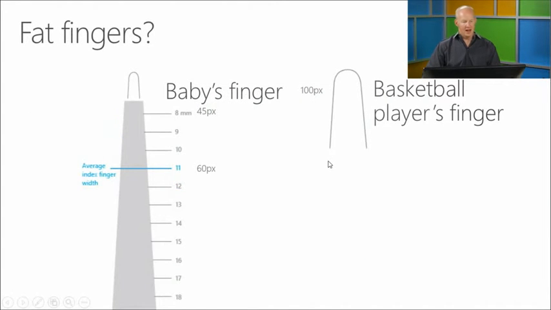Now this is kind of interesting. This compares the size of a baby's finger at 45 pixels versus, let's say, a basketball player's finger at about 100 pixels. And the average being 60, there is a spectrum there, and it's really going to depend on whether you're creating a children's game, or an app for a specific audience, like basketball players. Yeah, exactly. It's funny, because I actually did an app for athletes, and we did the first mock-ups and prototypes and handed it over to the users, and they were football players.